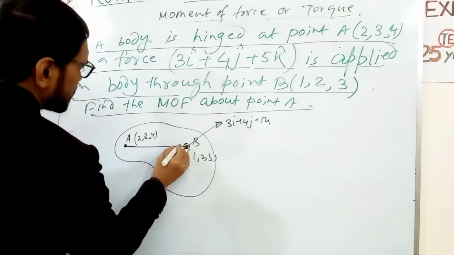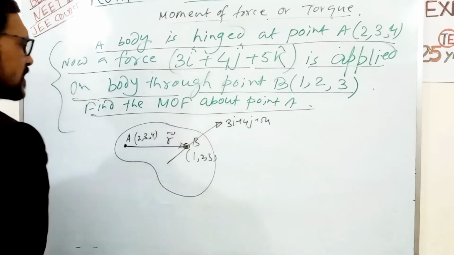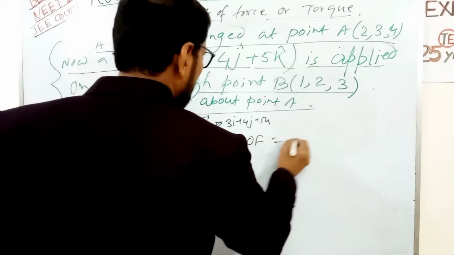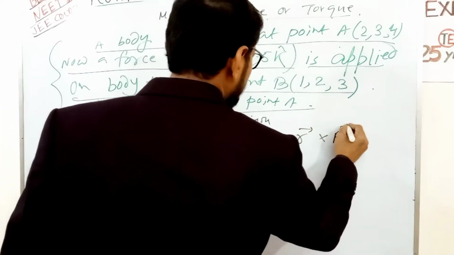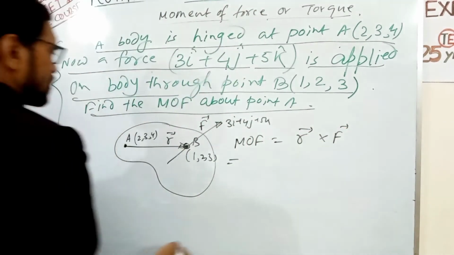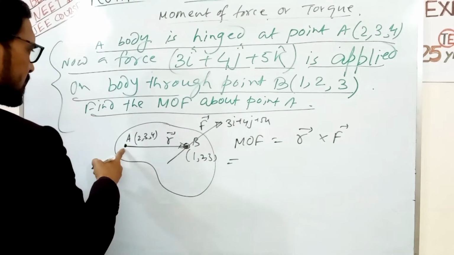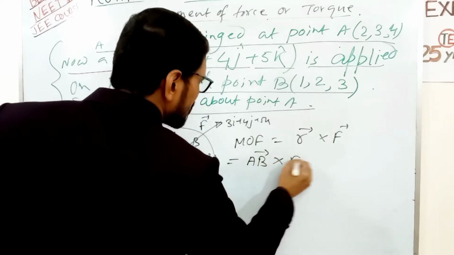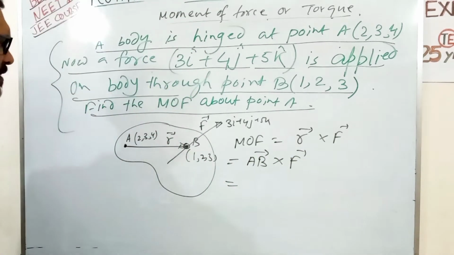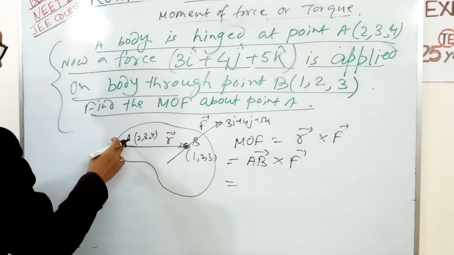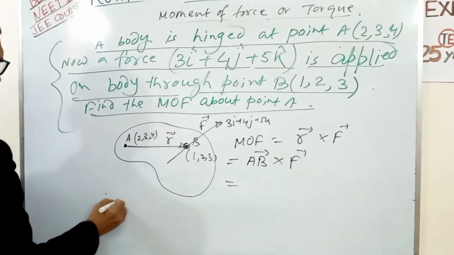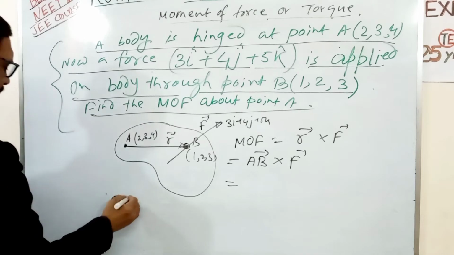This is the r vector and this is the F vector. So the moment of force equals r cross F. What is r? I have discussed that r is the AB vector, and the moment is AB cross F. What is AB? The position coordinates of A and B are given. Now take the origin here.